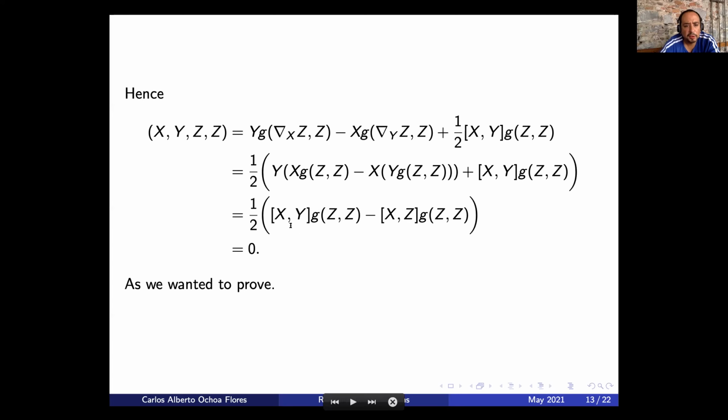But just wait. There is kind of a mistake in the signs, no? I mean, in the first and second rows. No, there is no mistake. Sorry, this term is this one, and this term is this one.